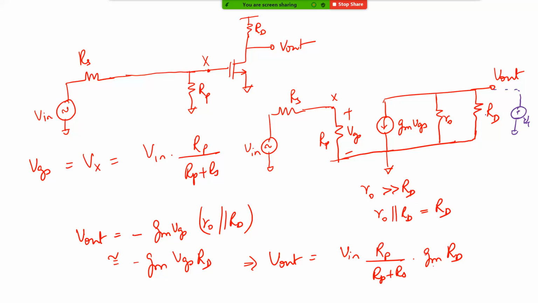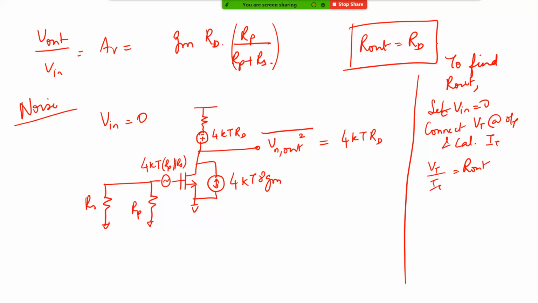So Vt by IT is nothing but Rd. That's how we get the output impedance to be Rd. So you can calculate the resistor output noise as the noise power spectral density multiplied by Rout squared, and you get the same thing.